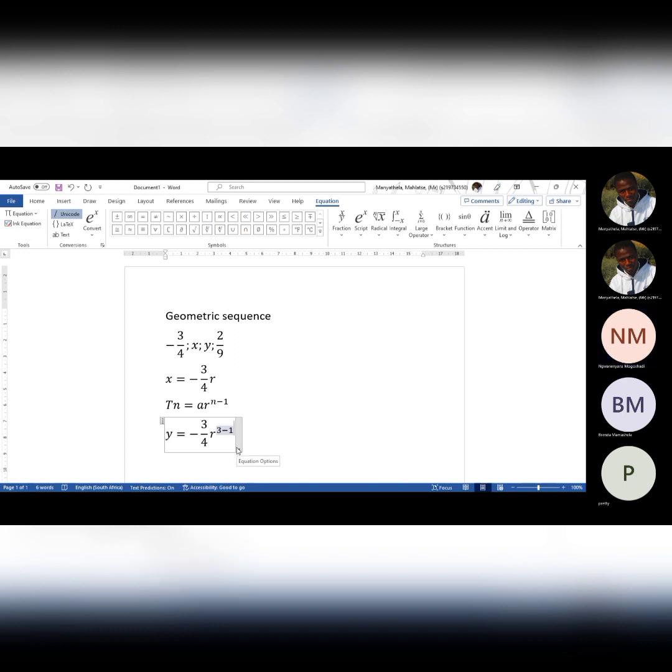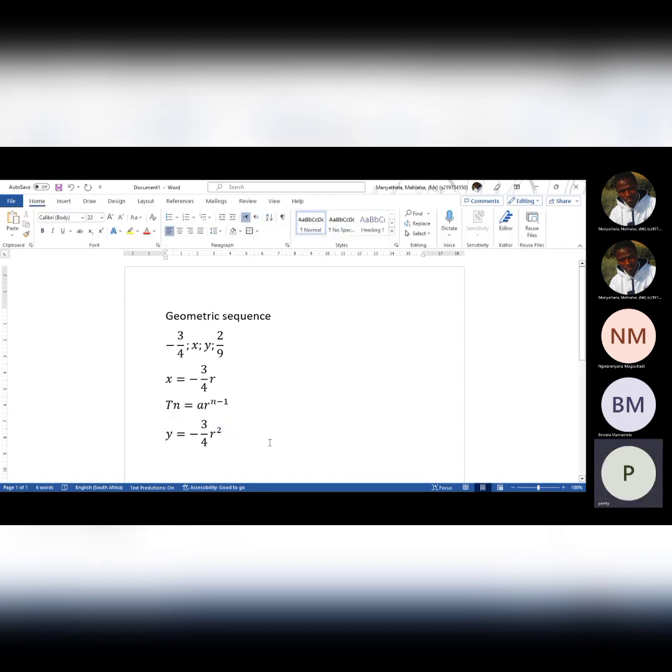So 3 subtract 1 is what? 2. So in this case we have x and y in terms of r. Well, that's how you do it, writing x and y in terms of r.